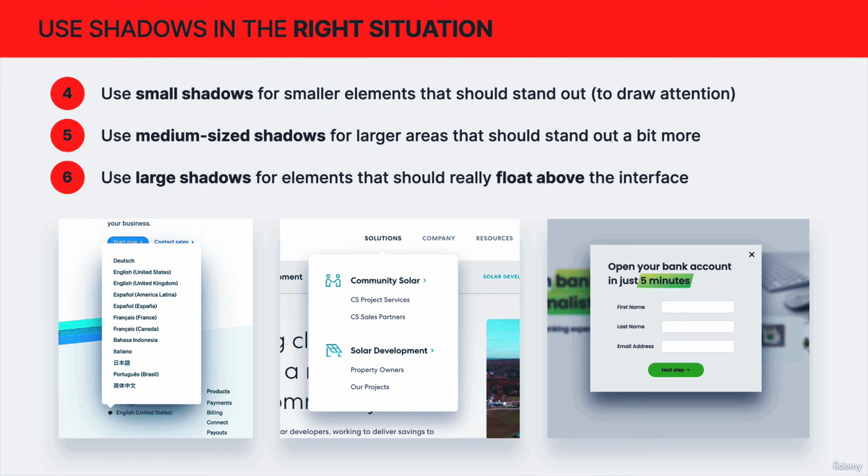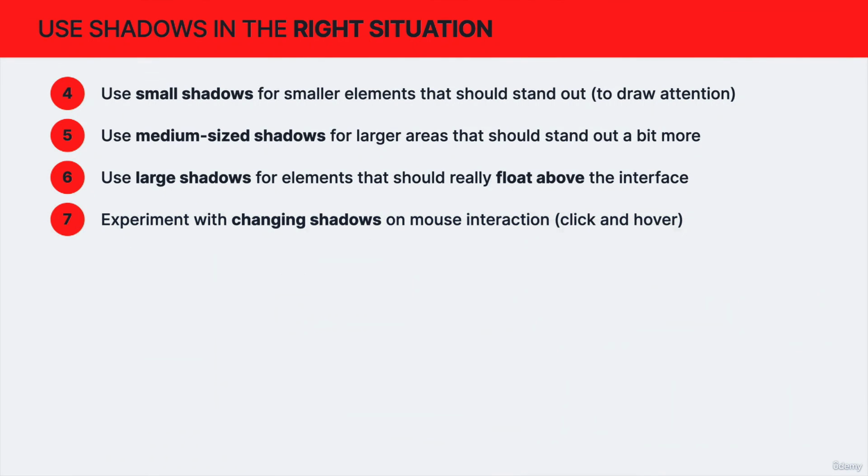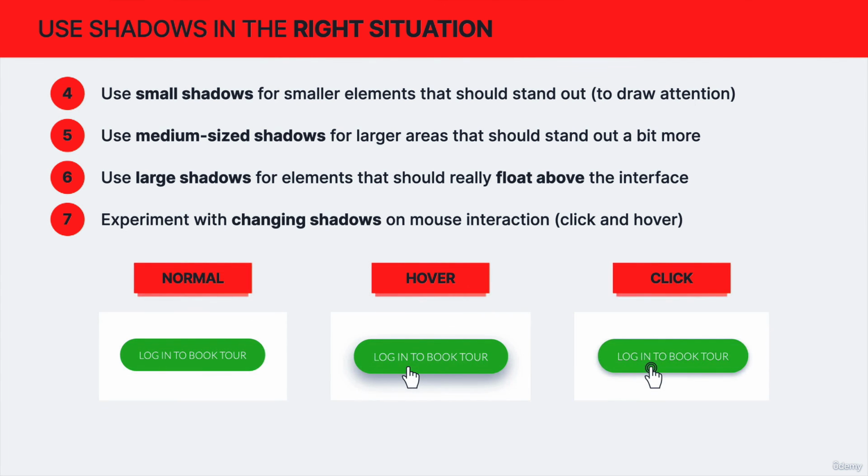However, we can also experiment with changing these types of shadows in different situations. For example, on mouse interactions like click and hover. So that's actually a very nice example where the normal state doesn't have any shadow at all.